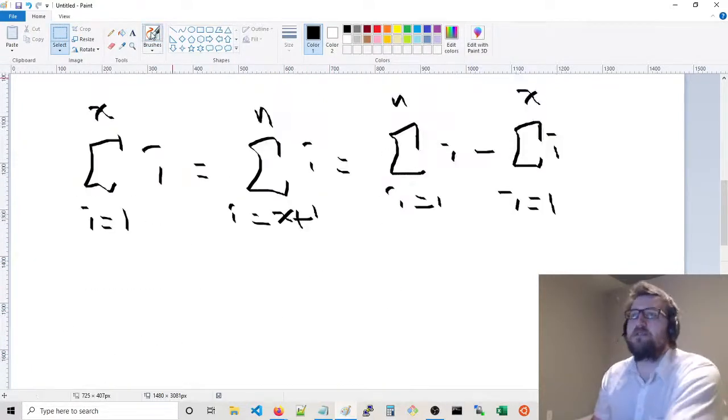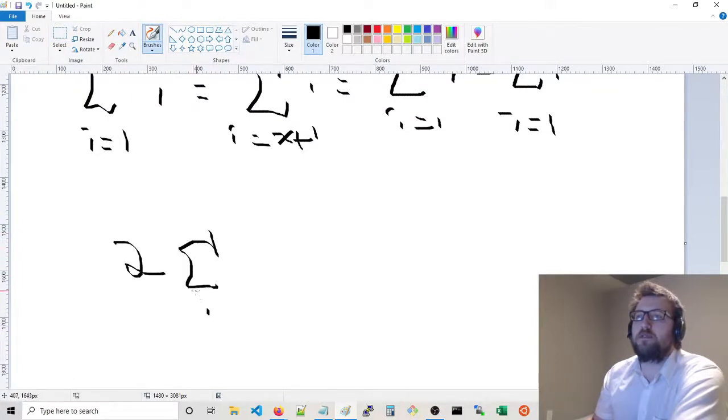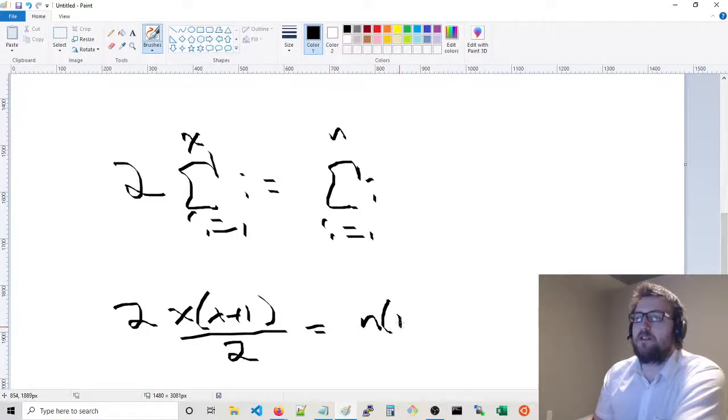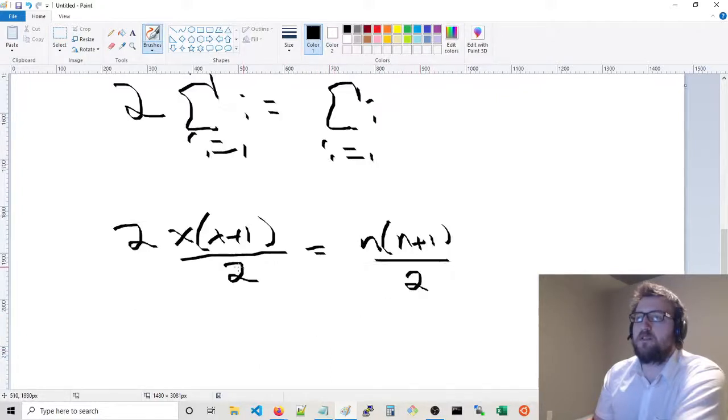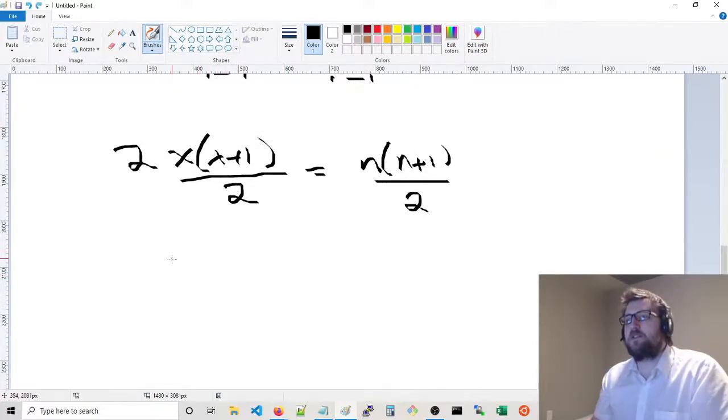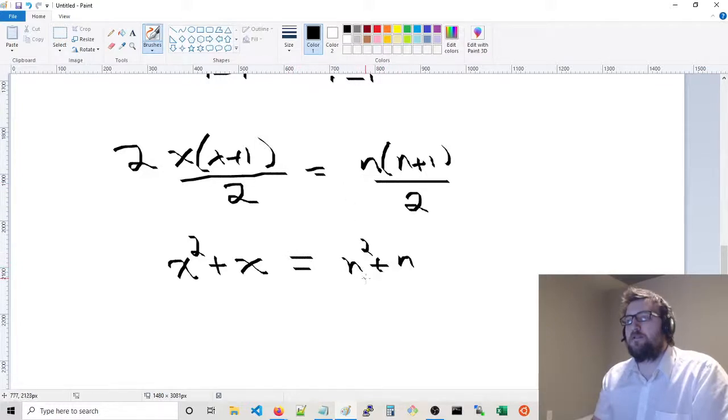And that gives you 2 times the sum of i from 1 to x of i equals the sum from 1 to n, which is a bit simpler, right? x times x plus 1 over 2 is equal to n times n plus 1 over 2. So solving for x, we would get 2x. This is x squared plus x equals n squared plus n over 2.